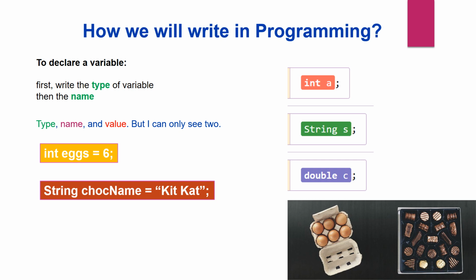Same here, String is the type of the variable, chocolate is the name of the variable, and this is the value, KitKat, and 6 is the value. We can see here a difference between the types of variables. In an integer type variable we'll store only numbers, but in a string we will store text, and it should be in double quotes as well.